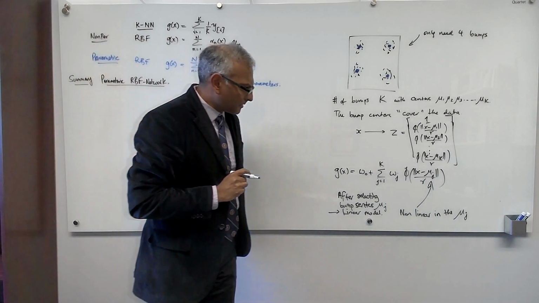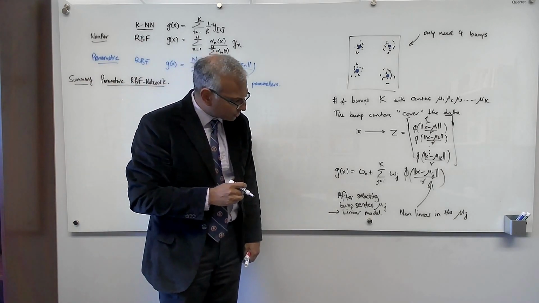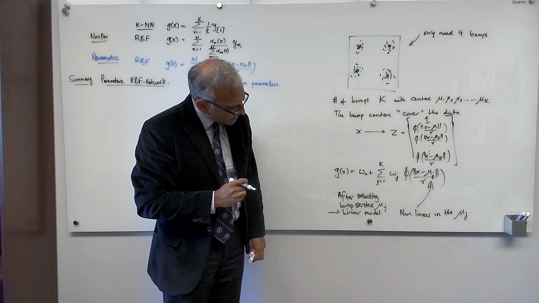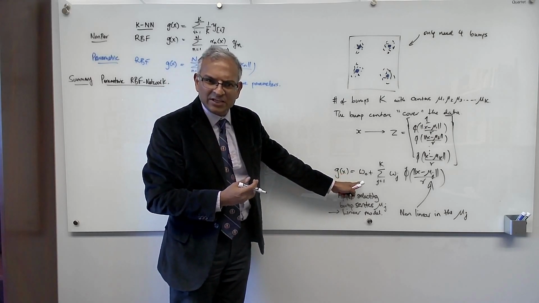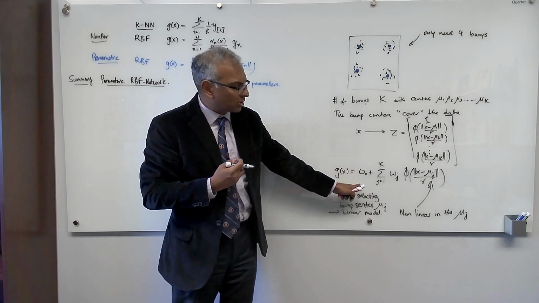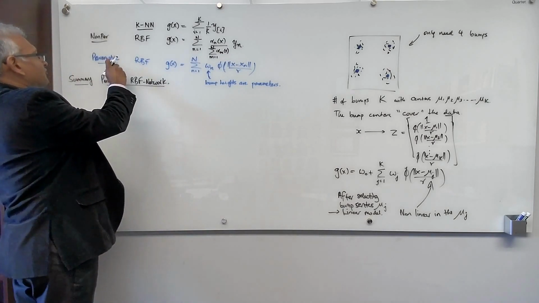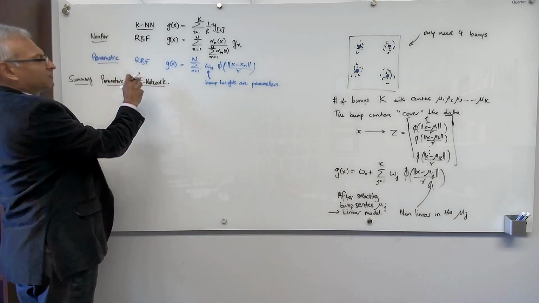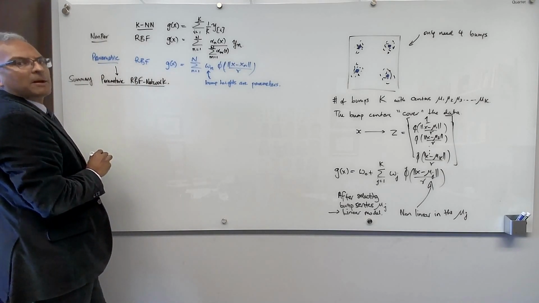There's a nice visual that goes along with this, which is to visually represent this as a network, and it'll be a helpful visualization when we connect to neural networks later. The basic idea in going from the parametric RBF to the parametric RBF network is to reduce the number of bumps.